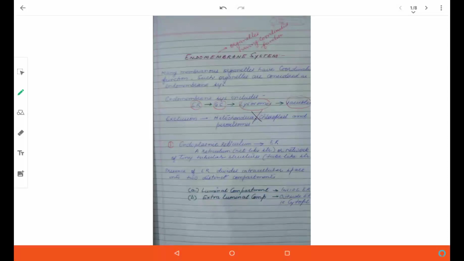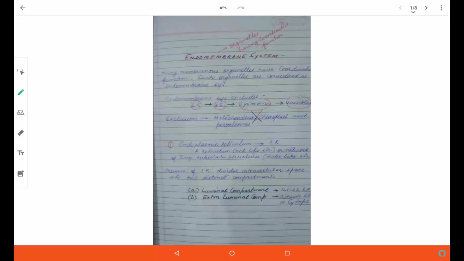First of all, let us have a glimpse of endoplasmic reticulum. Endoplasmic reticulum is a network which spans from the nucleus until the plasma membrane. It is one of the biggest organelles.